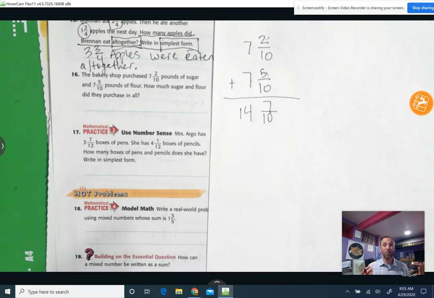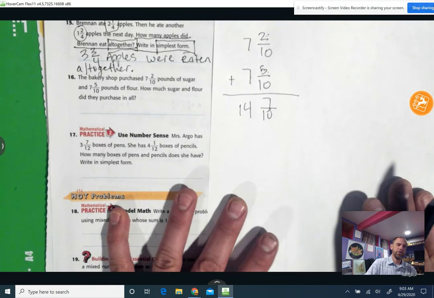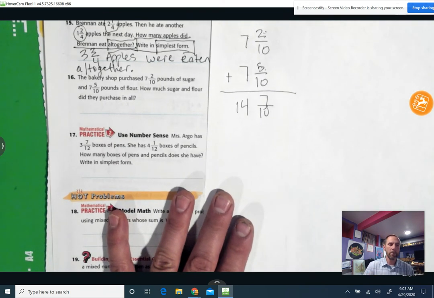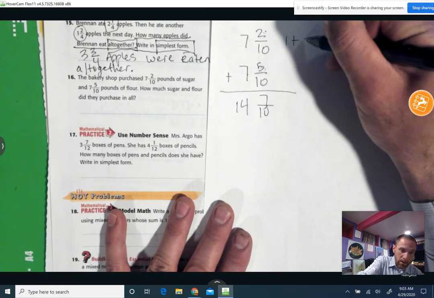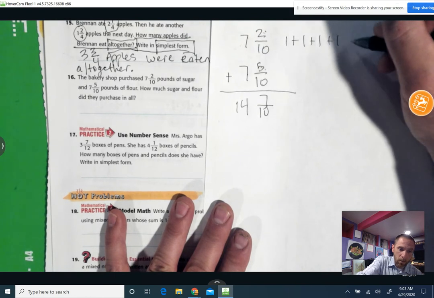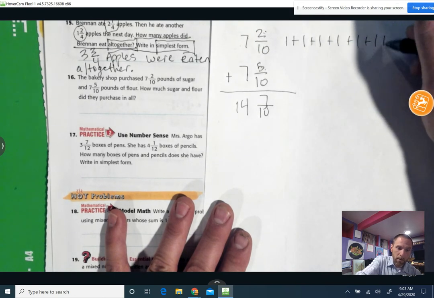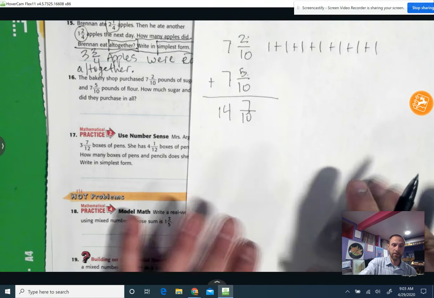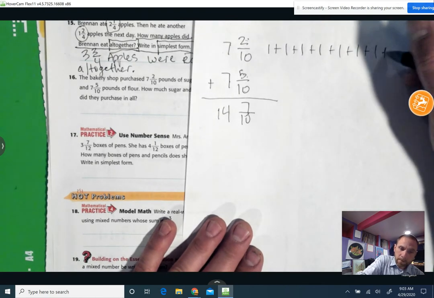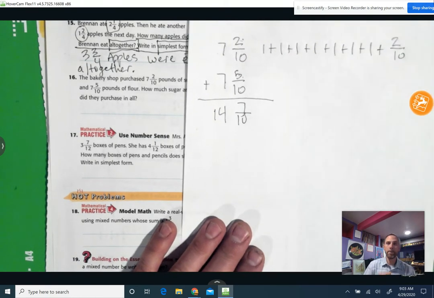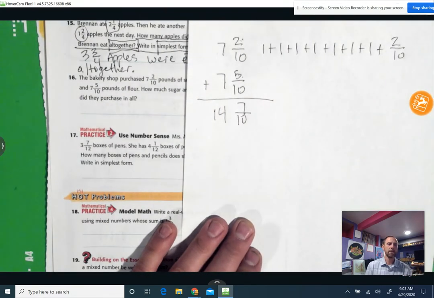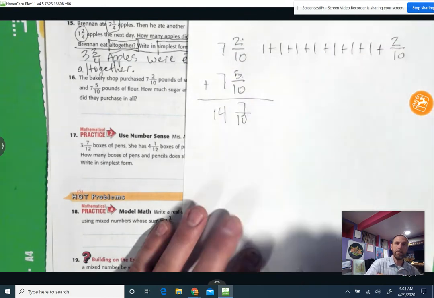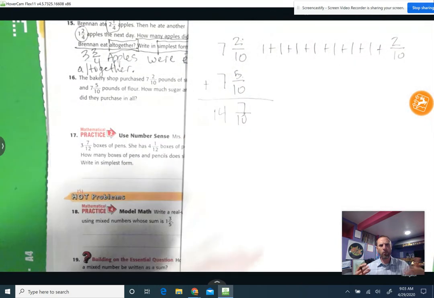Okay, but if we break these up into their individual pieces, 7 2/10 is 1 whole plus 1 whole plus 1 plus 1 plus 1 plus 1 plus 1 plus our 2/10. Right? That's 1 whole 7 times plus our 2/10. And then we have the version of how did we get 1 whole?